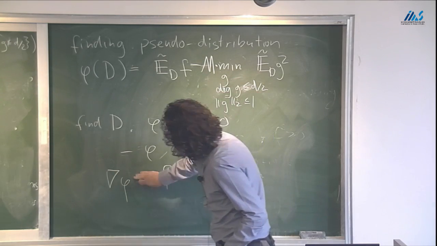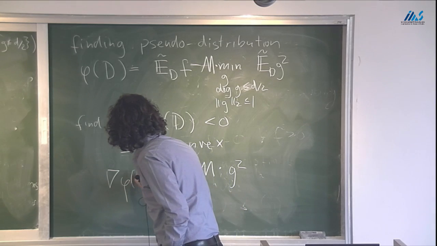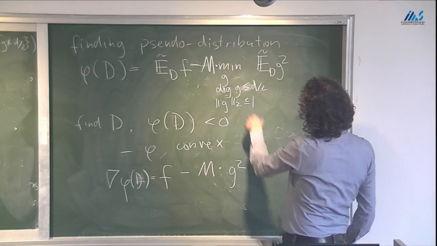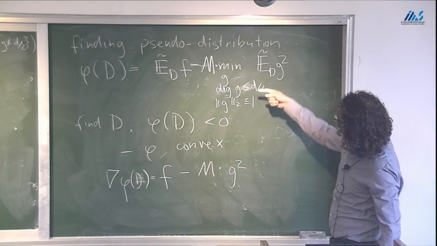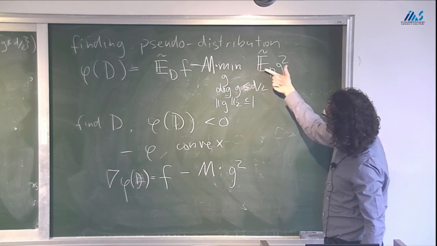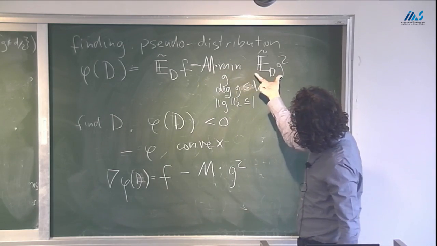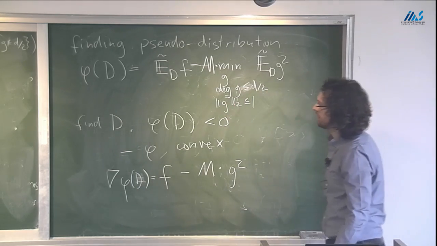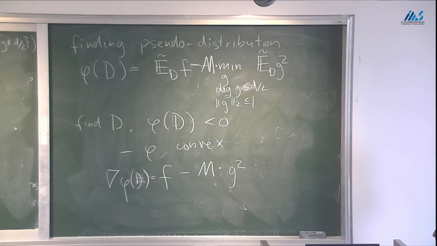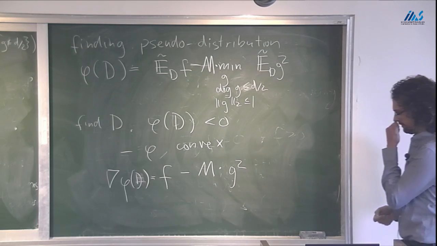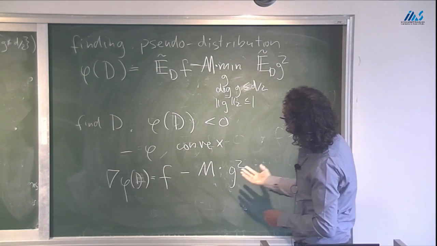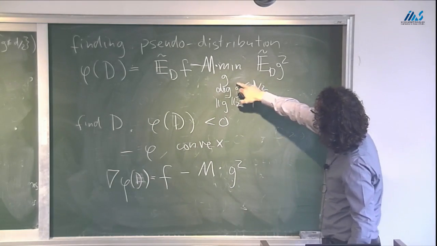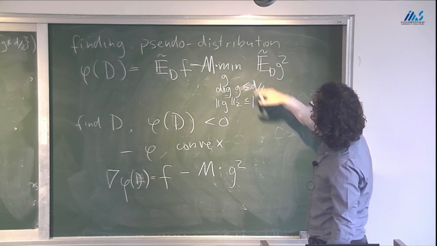The gradient of phi at some point d is just f minus m times g squared, where this g is the minimizer of this part for this function capital D. So in order to compute the gradient of phi, you just have to find the function g that minimizes this.